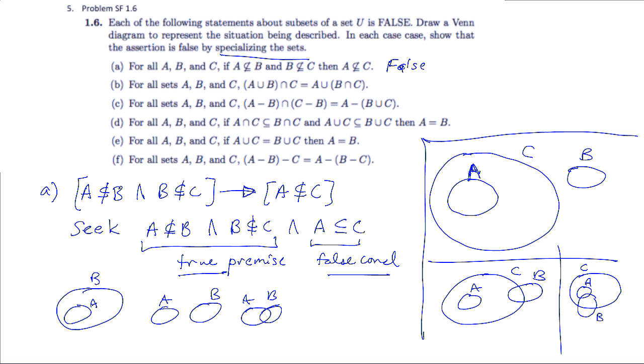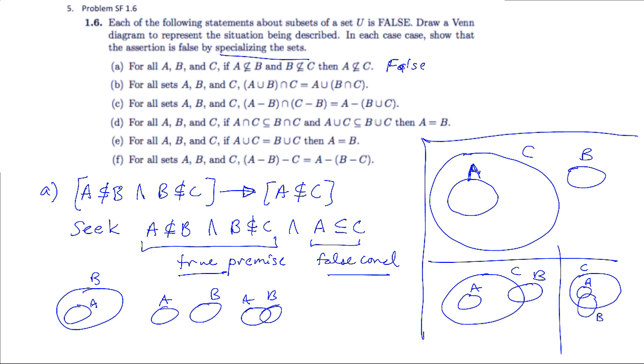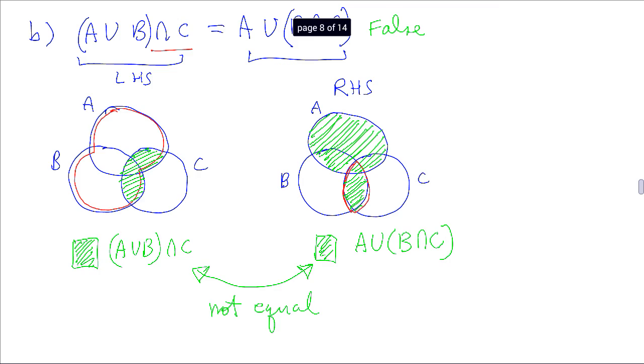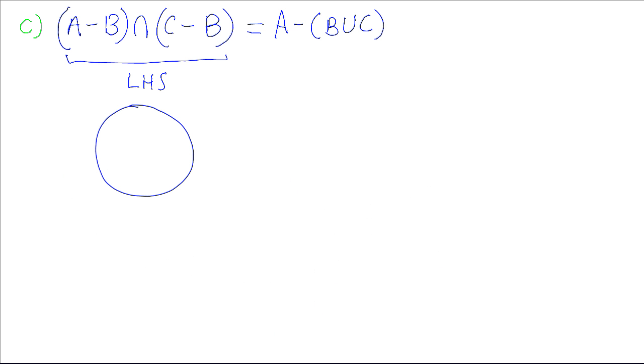So A minus B intersects C minus B. So part C, A minus B intersected with C minus B. And that's the left-hand side, and the right-hand side was A minus the union of B and C. And basically all I'm going to do is take the left-hand side and figure out what set it's talking about, and do the same thing on the right-hand side.